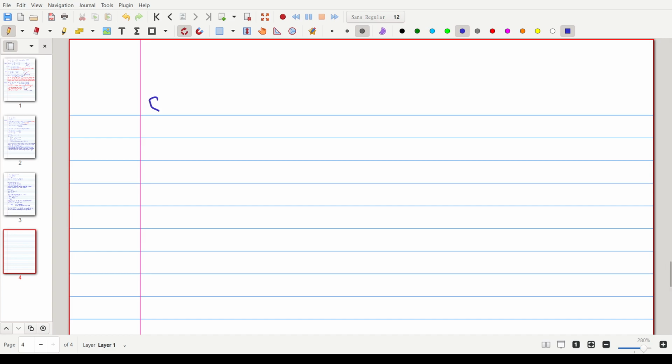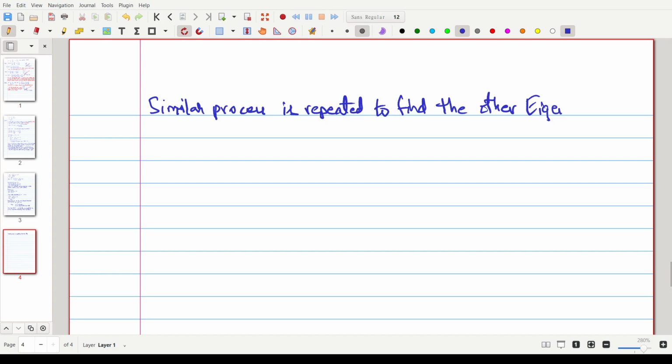And a similar process is repeated to find the other eigenvectors.